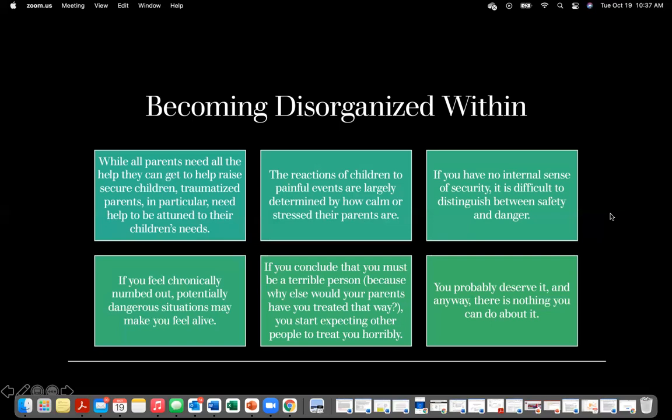If you as a child have no internal sense of security, you can't really distinguish between safety and danger, because these are concepts where you have to experience one to know the opposite. If you're experiencing danger, that's when you are helped, when you are attended to, when you get some attention or connection from a caregiver.